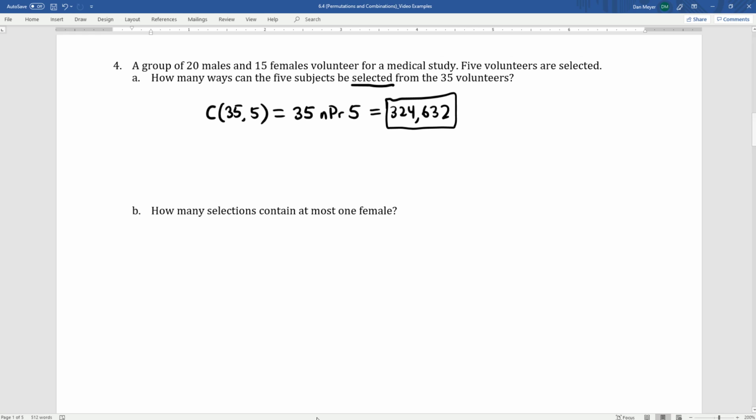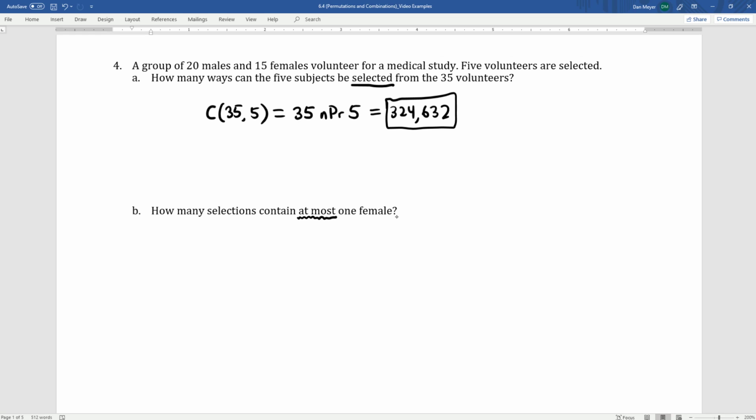In part B, we want to know how many of those selections contain at most one female. We're going to see a ton of problems with wording involving at most, at least, fewer than, more than.